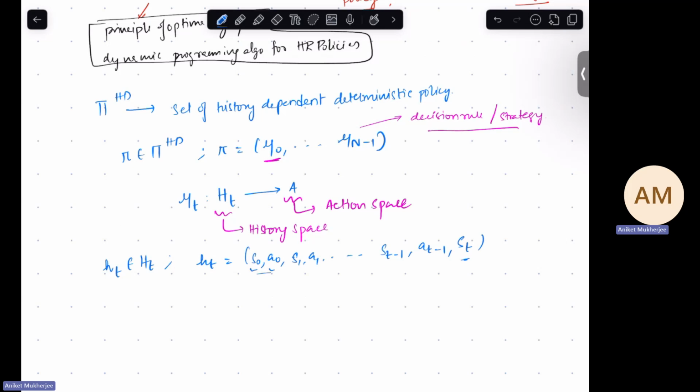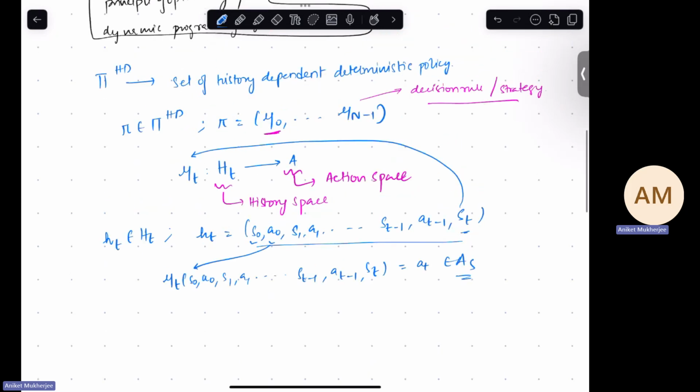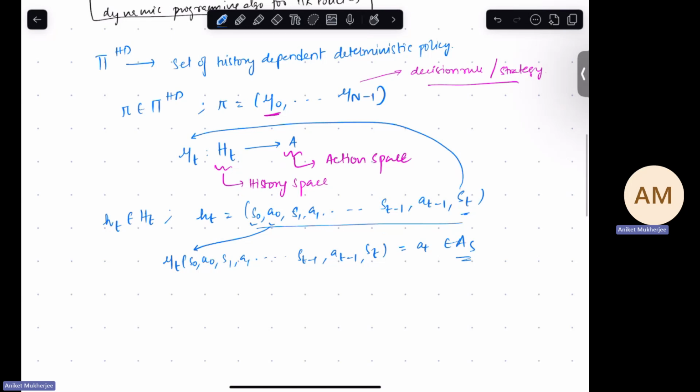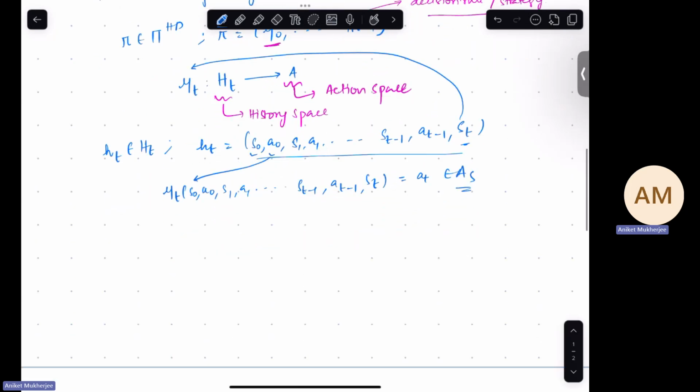That we will get if you give this vector to this function mu T. You'll get the action that you need to choose, that is AT, which belongs to your action space, right? So this is how you define the set of history-dependent deterministic policies.